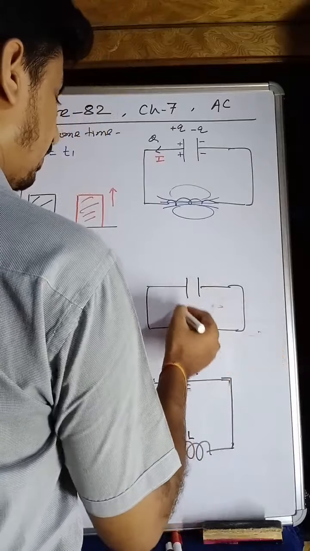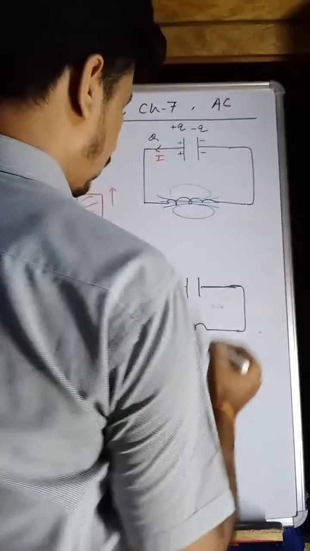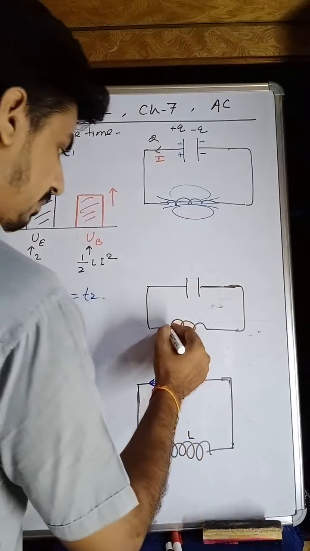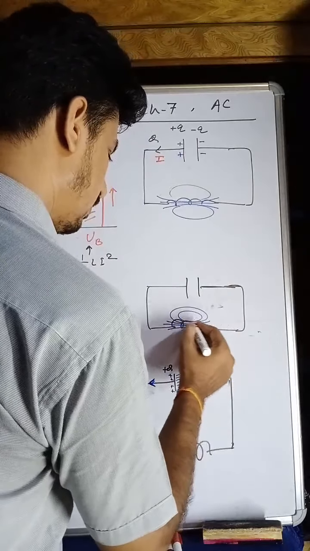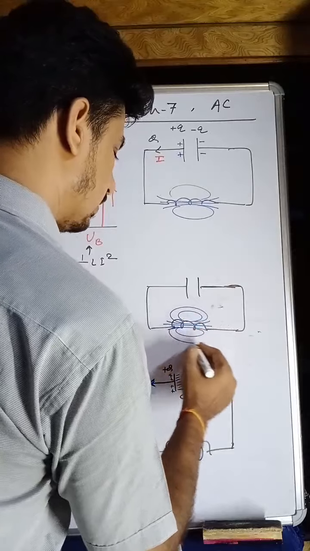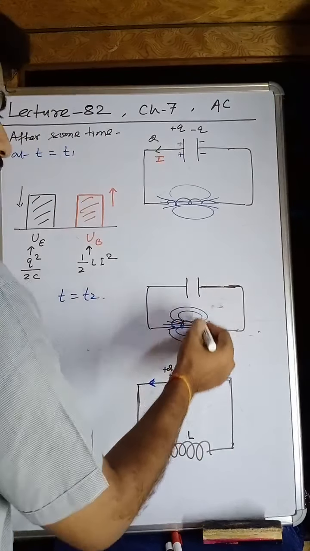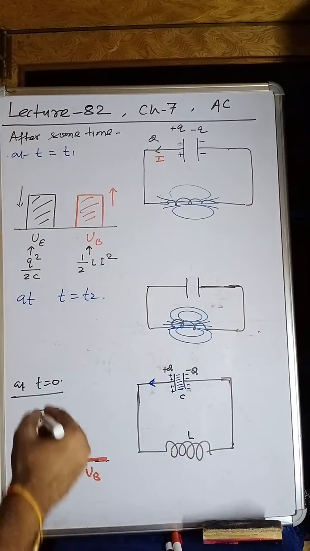Now this capacitor has no charge, and the current which was established is almost gone, but the magnetic field lines here are maximum. Yes, it is the maximum. The total energy now comes to this inductor, and we can represent this in the energy diagram.